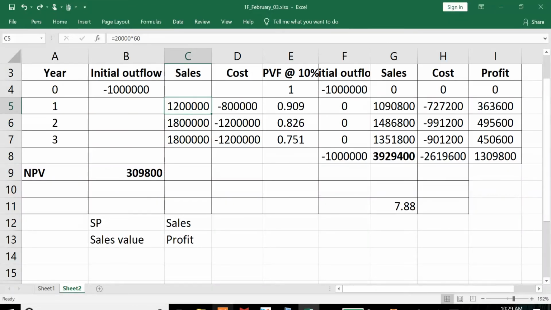Now, the present value of outflow for cost is 26,19,600.